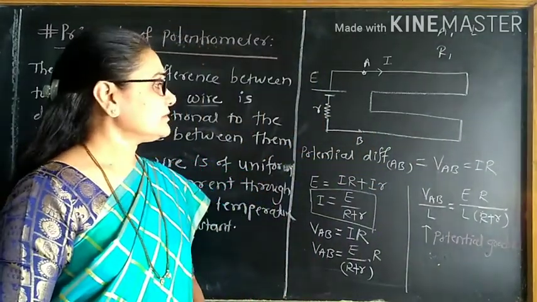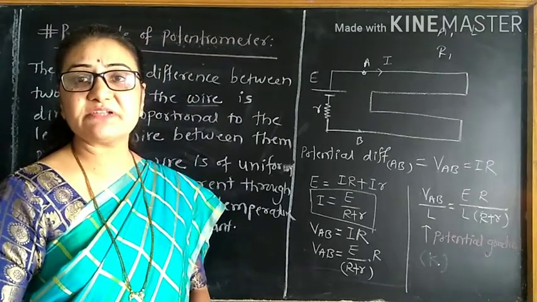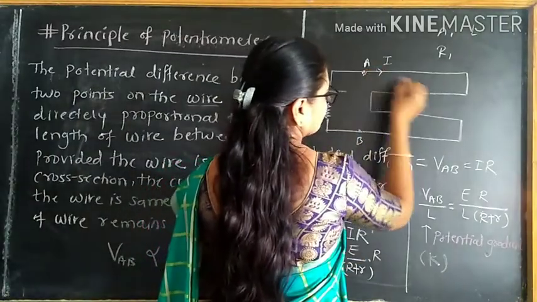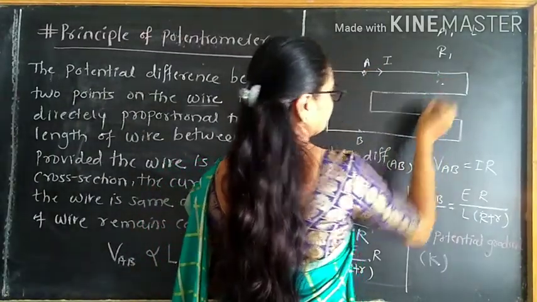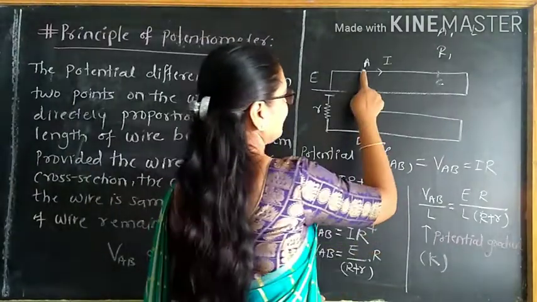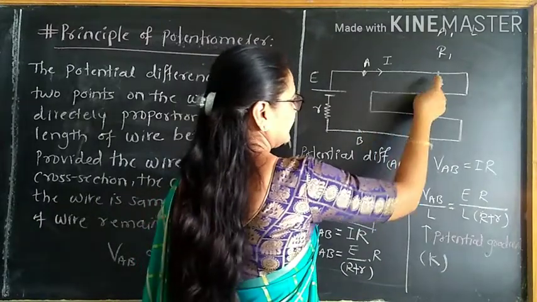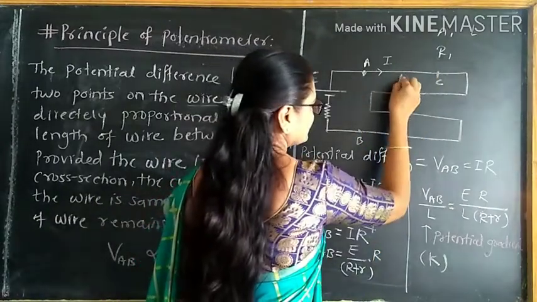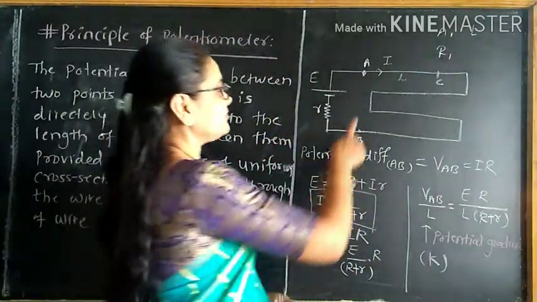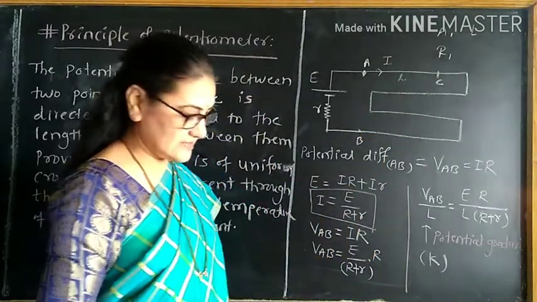Now, suppose we have to determine the potential difference between two points, such that point A and, suppose, the next point C is given. Our aim is to find out the potential difference between points A and C. Suppose this segment has length equal to small l. Small l is the length between points A and C. Our aim is to find out VAC.